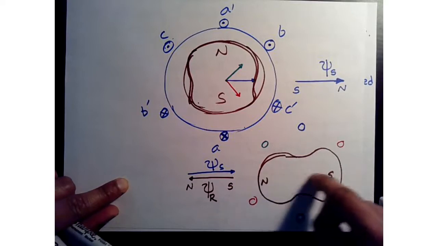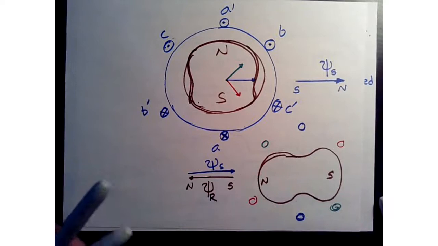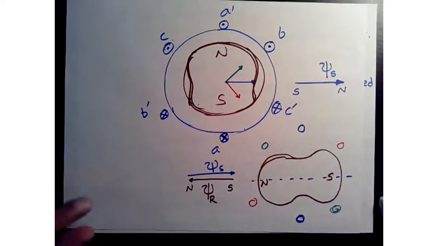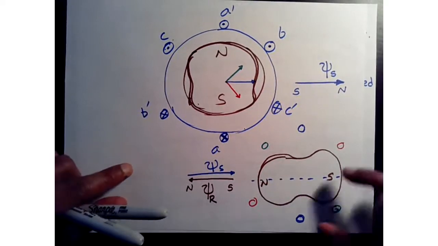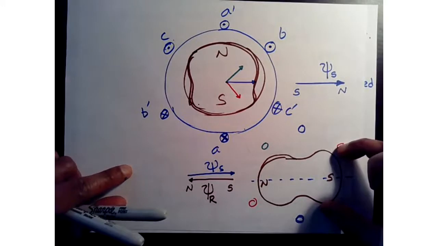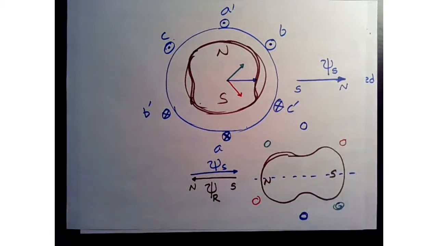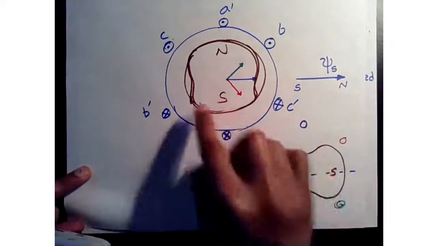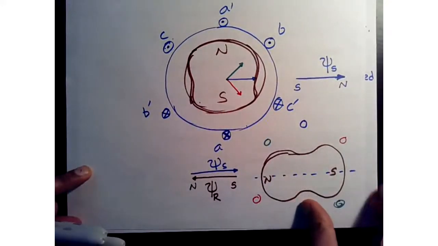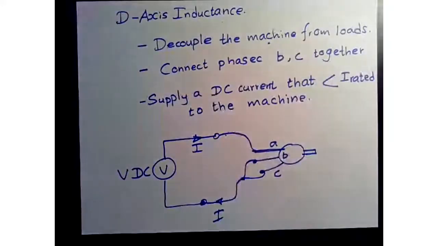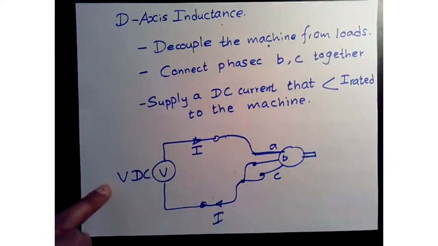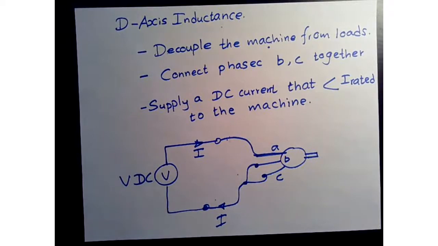Okay, so it's going to capture the flux flowing through this. Okay, how do we do that? I'll get into that. Okay, this alignment is important. Okay, all right, so that's kind of the mechanics behind why we apply the DC current to orient the rotor in this way. Once we do that, we have some more steps to follow to take the measurement.